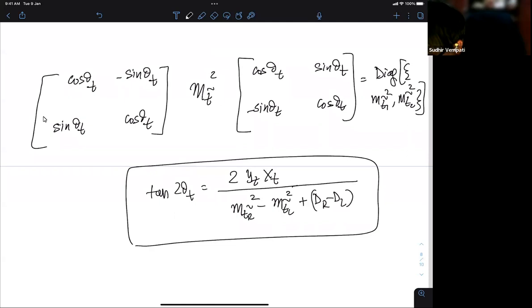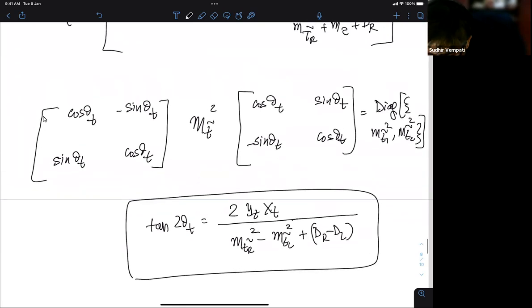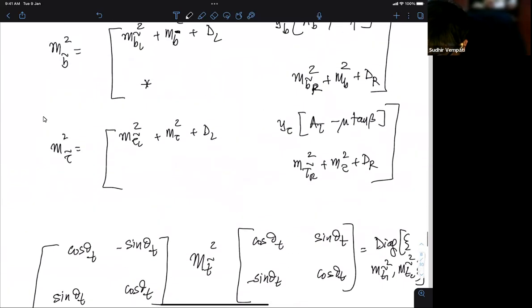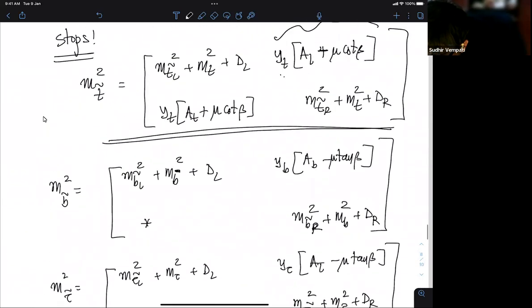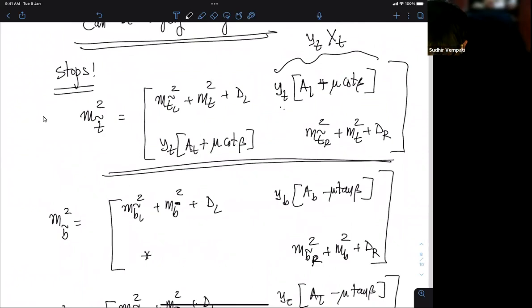Okay, you can forget about the D_R, D_L. So roughly it's the difference between the left and right stop masses, and the off diagonal entry essentially. This is tan 2 theta_t. Okay, so this stop mass matrix plays a very, very important role.